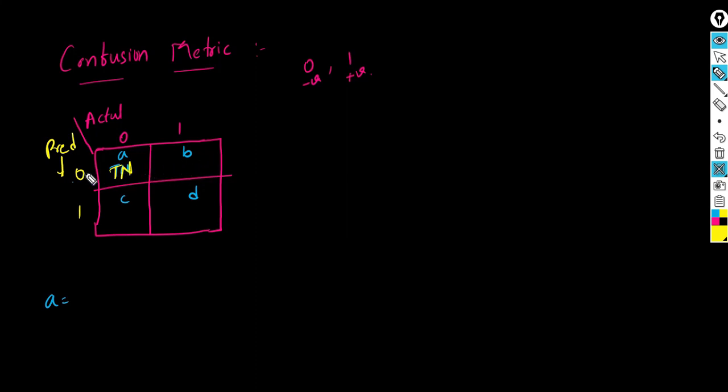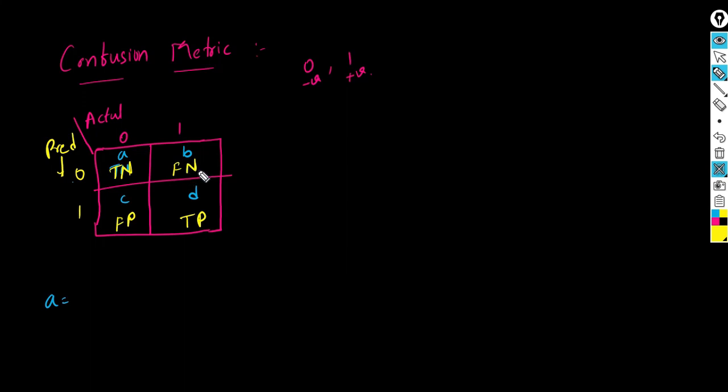And here the predicted is negative, but actually it is positive, so false negative. Here predicted is positive, but actually these are negative, that means false positive. Here predicted is positive and actually is positive only, that means true positive.